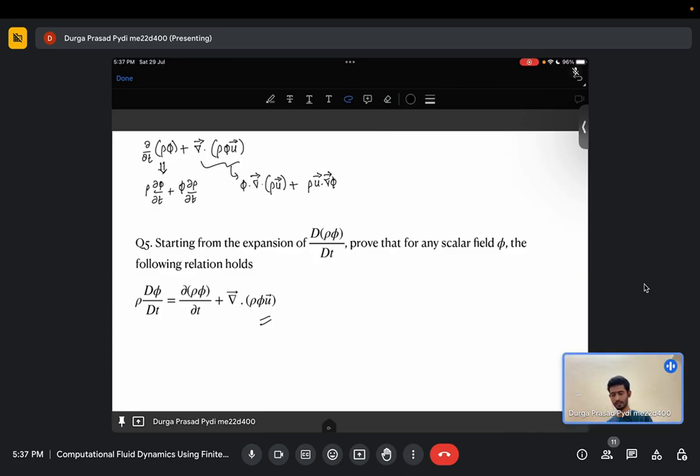So if you apply the chain rule considering phi as a constant quantity, you bring it out, and this is what you get. Then you group terms with rho and phi separately, so you end up with rho times (del phi/del t plus u dot del phi), and if you group the terms with phi together, you get del rho/del t plus del dot (rho u).